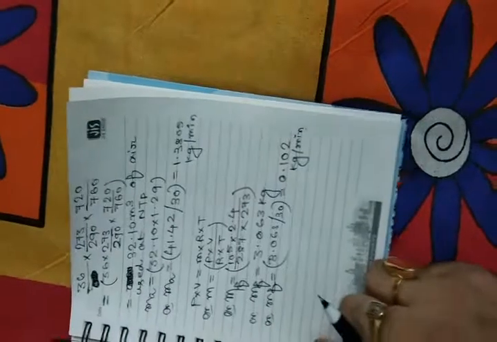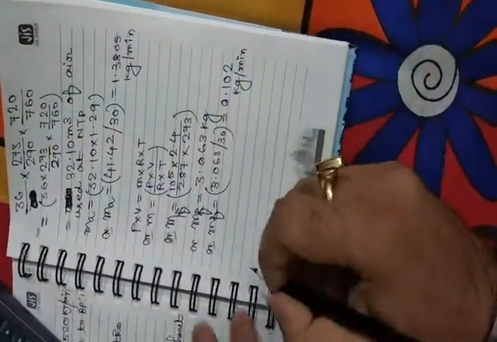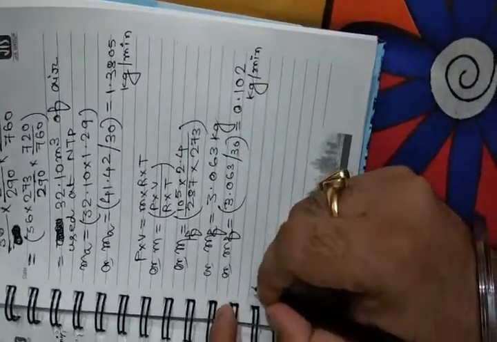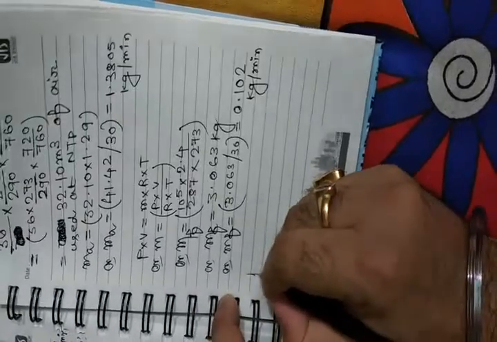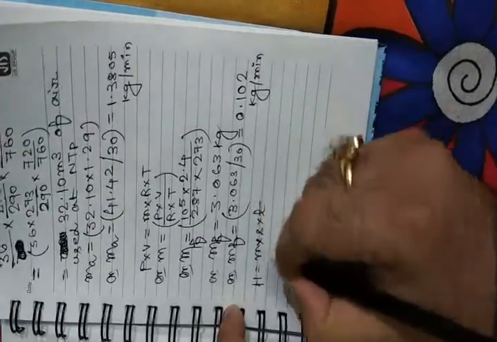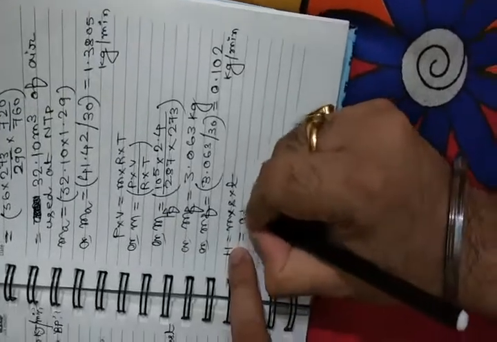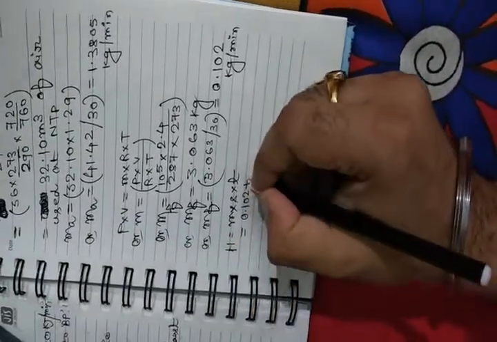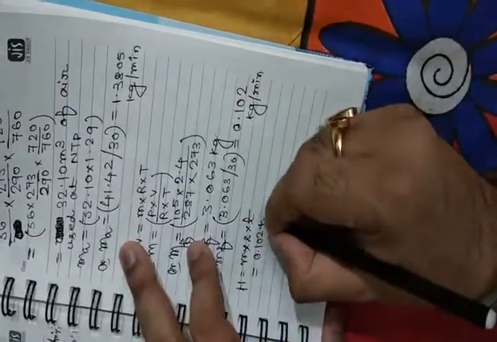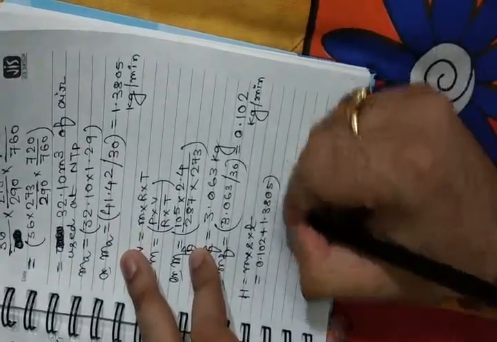So now the heat loss during exhaust, it will be, so H equals to M into S into T. So from here M is 0.102 for the mass of fuel plus MA is 1.3805 into specific heat is given as here.